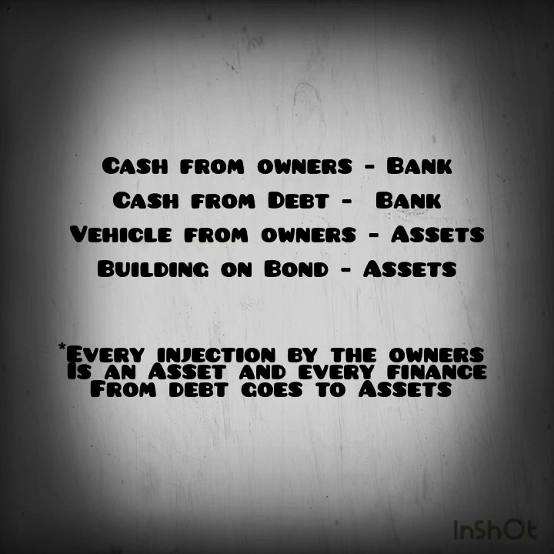The reason I'm saying that is because when the owners invest their money in the business, the money is taken into the bank of the business. So the bank is an asset. If we have owners that invest 20,000 rand into the business, then the bank will also increase by 20,000 rand.